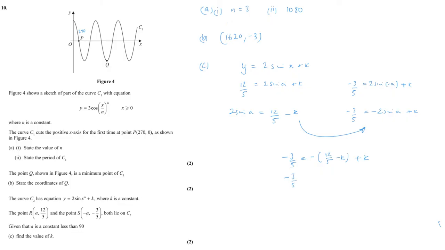So minus 3/5 equals minus 12/5 plus k plus k. So that's 2k, and that equals 12/5 minus 3/5. So 2k equals 9 over 5. So k equals 9 over 10. And that is all. Of course you could eliminate k, but then you have to find the angle and substitute back in, because you don't need to find A, you just need to find k.